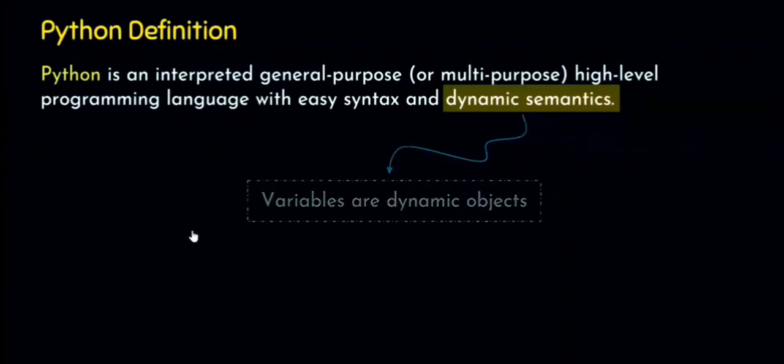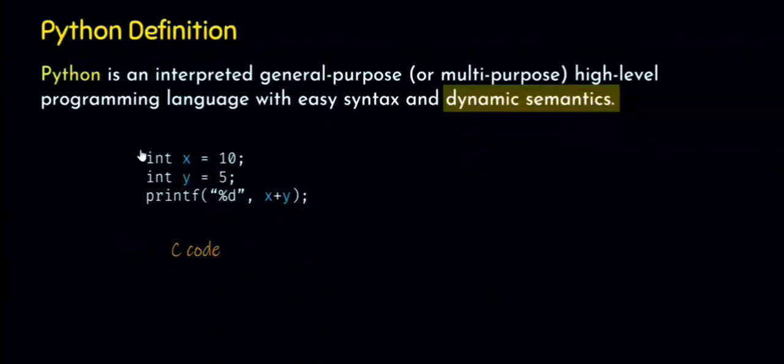Again, we have the same C code. And you might have observed that whenever we create variables in C, we need to specify its type. Here x is of type integer and y is also of type integer. This is called static typing, and this is the reason why C programming language is called a statically typed language.